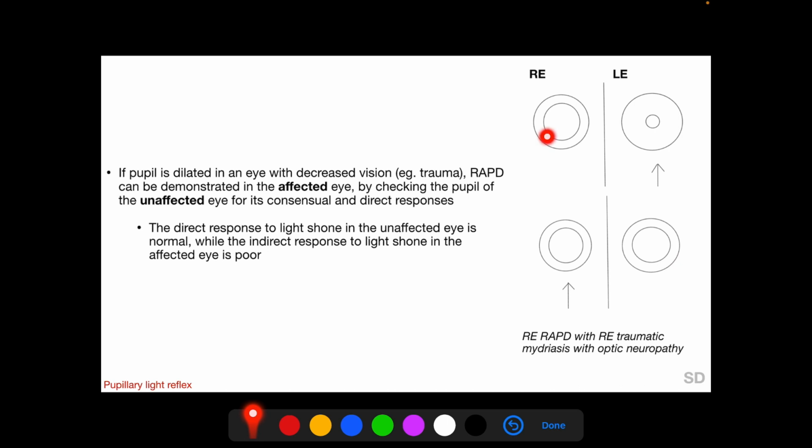So the pupil in the traumatic eye remains dilated whether we shine light on the normal eye or in the affected eye. But the pupil of the normal eye tells us whether the afferent pathway in the traumatized side is affected or not by dilating when light is shown in the injured eye.